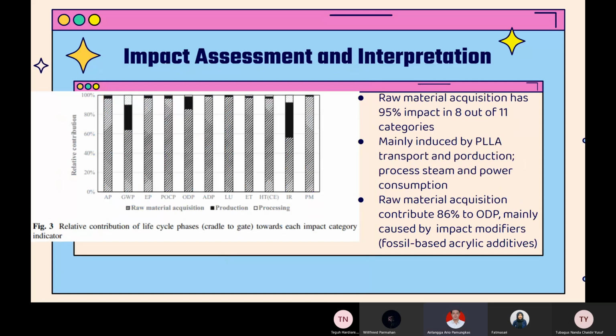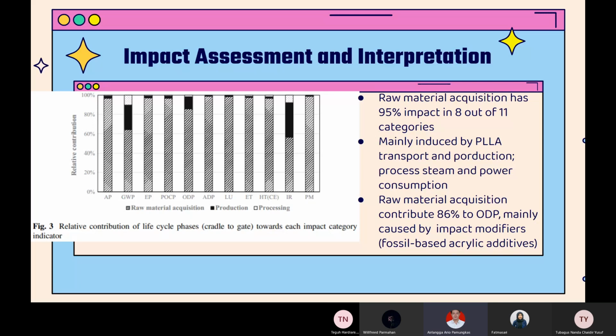And then we can see the graph for the relative contribution of life cycle phases, cradle to gate, towards each impact category indicator. Acquisition has 95% impact in 8 out of 11 categories. This impact is mainly induced by PLLA transport and production, and also process steam and power consumption.